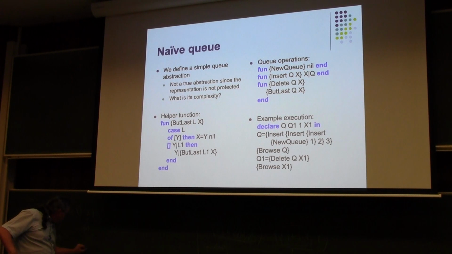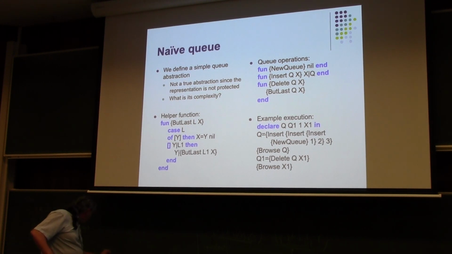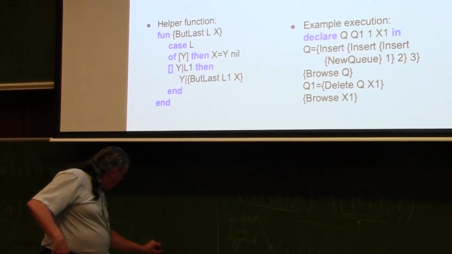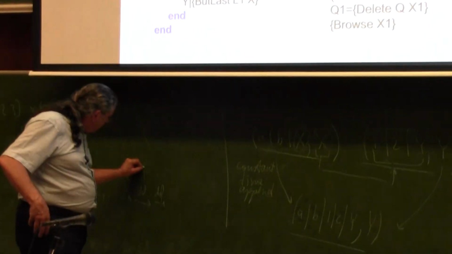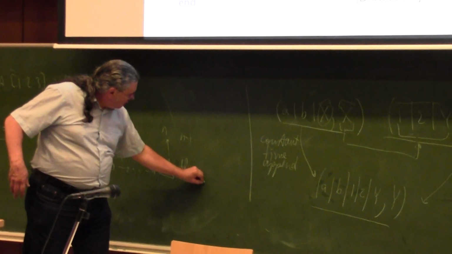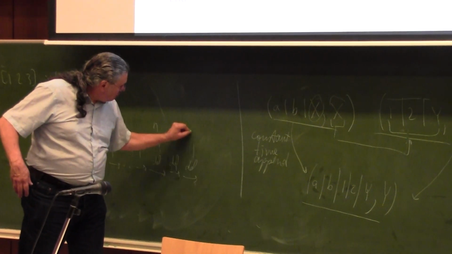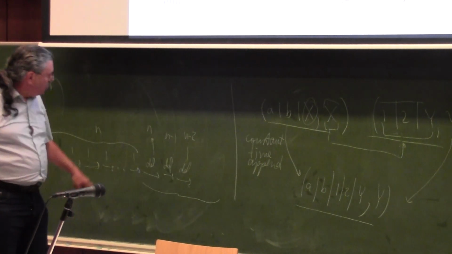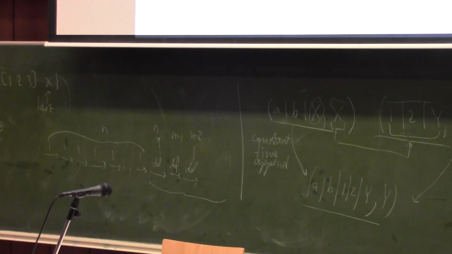So if I do n inserts, and now I do delete, and I keep doing deletes, each one of these will be order n. This will be n minus 1. If I do another one, n minus 2. So if I do a bunch of deletes here, they will be order n.